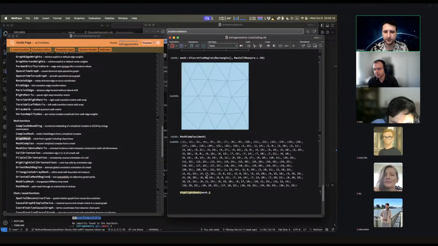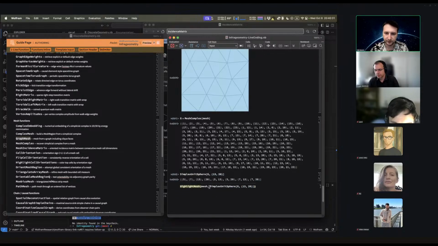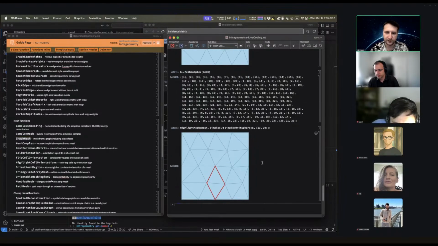So we can do this with our simplex unit sphere. Let's call this G, around some particular edge like this. We have to wrap everything with simplex, because this returns something else. I think it doesn't work for that, but you get the idea.